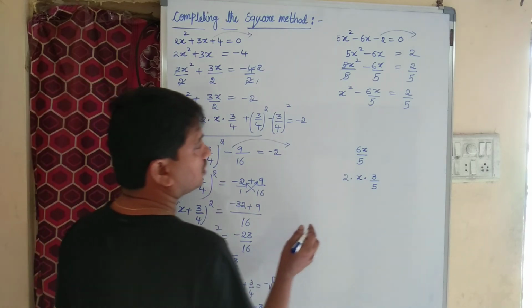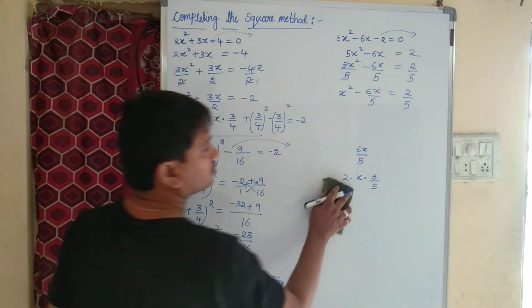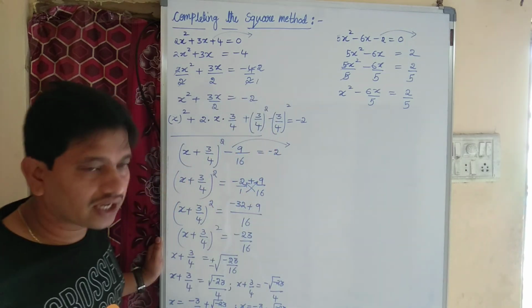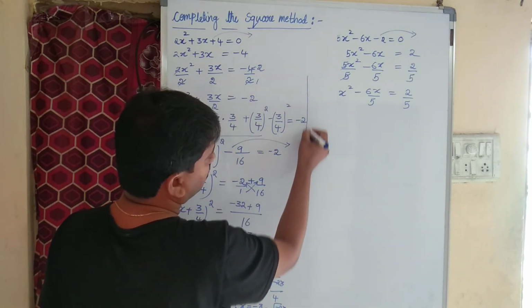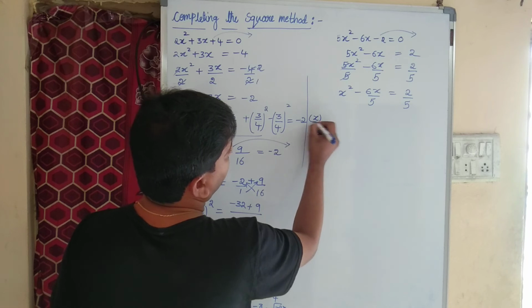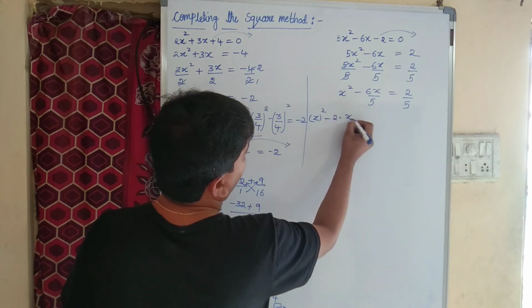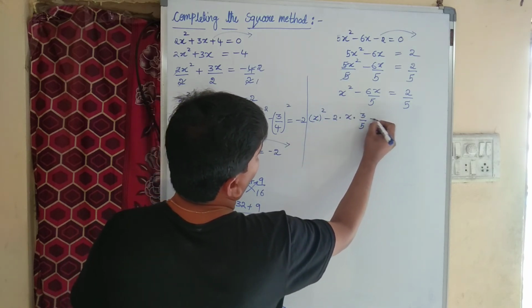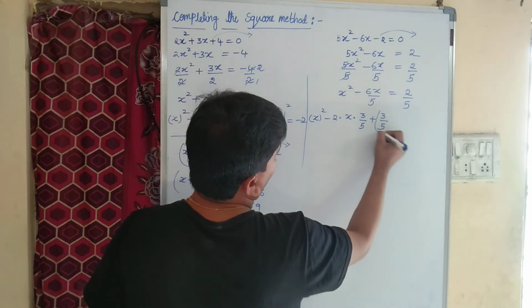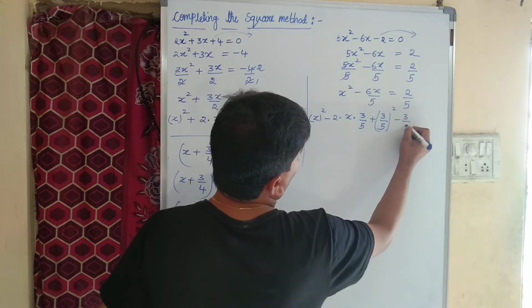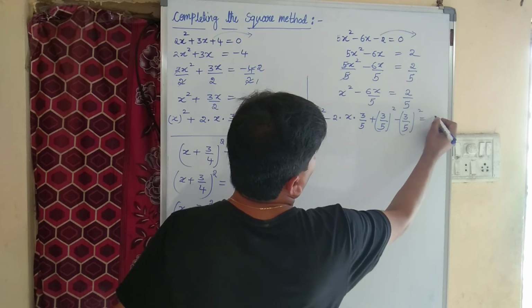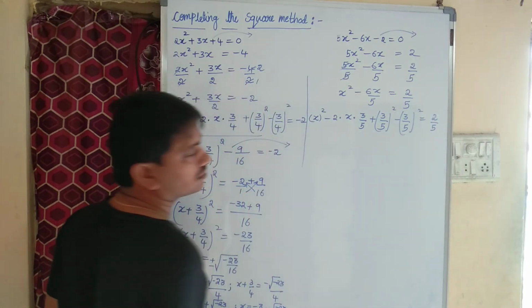Okay, so this we can write as x whole square minus 2 into a into b, value 3 by 5. Once we have to add, at the same time we need to subtract, equal to 2 by 5.